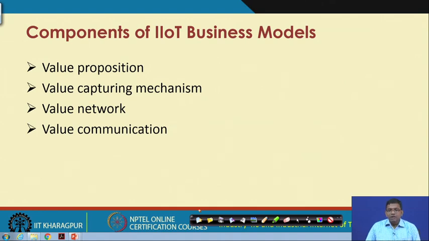So, there are different components of IIoT business models: value proposition, value capturing mechanism, value network, value communication. Value means value to the end user.